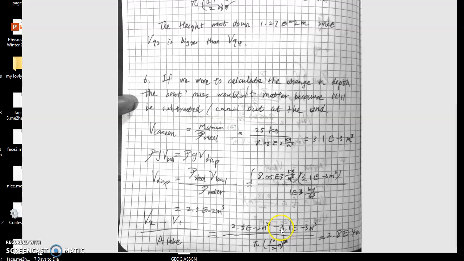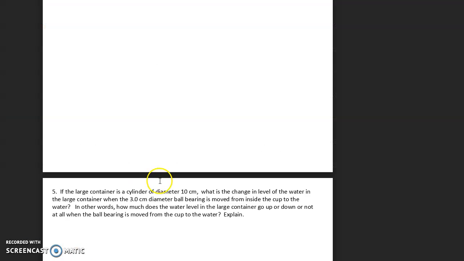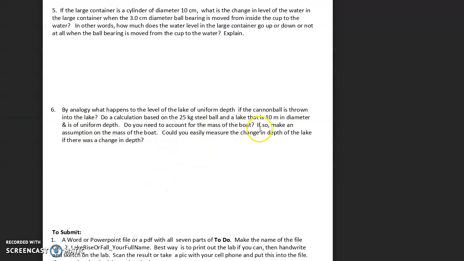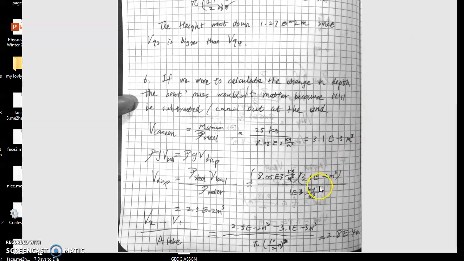The difference between these two divided by the area of the lake, which was given in the question, is the change in height. It should be a negative sign here, so it went down 2.8 E minus 4 meters.